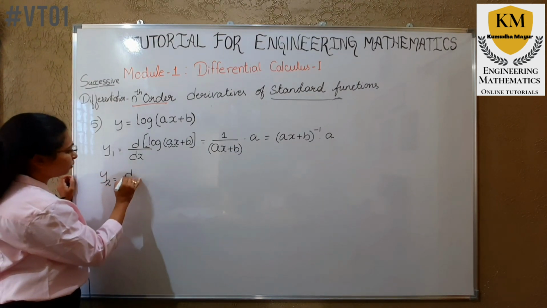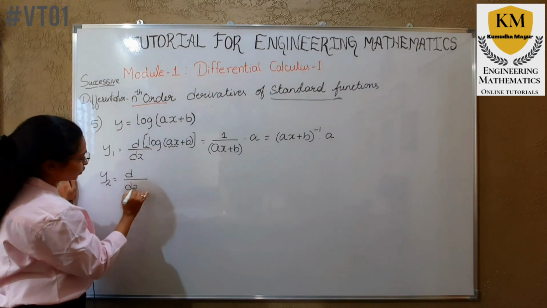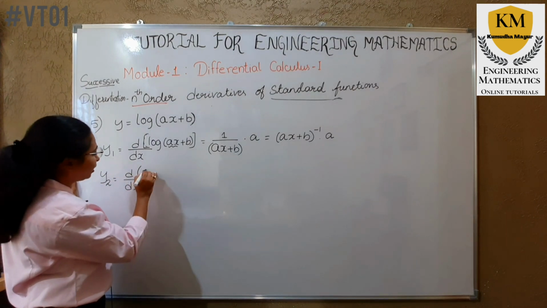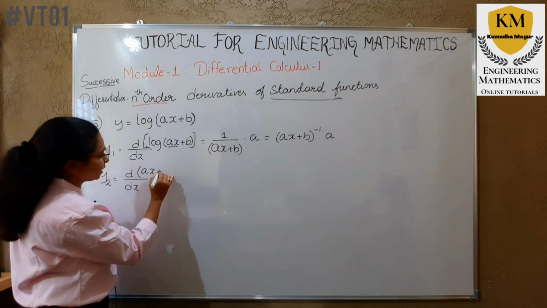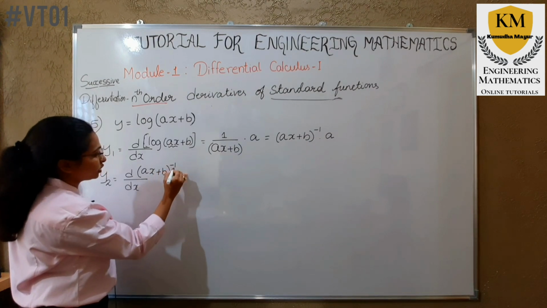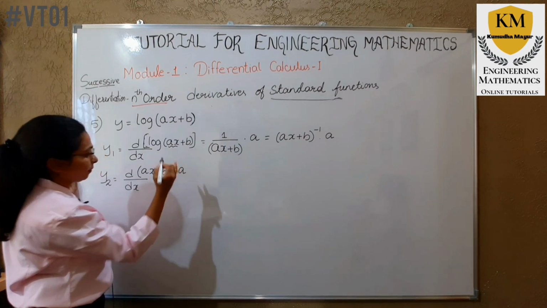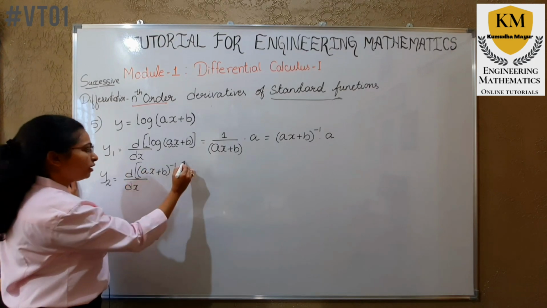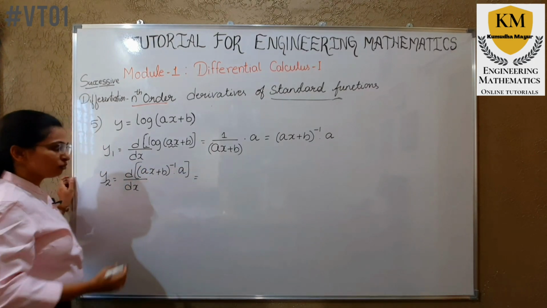y2 is equal to d by dx of the first order, that is ax plus b whole to the power minus 1 into a. So when I differentiate this, you can observe here.